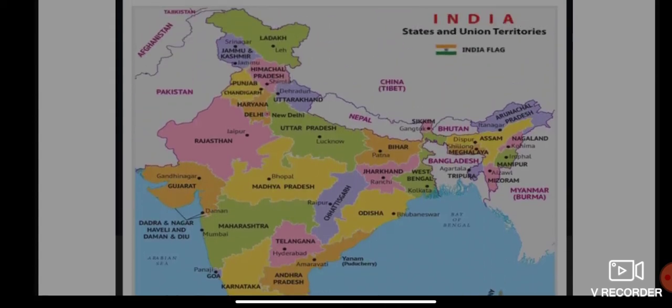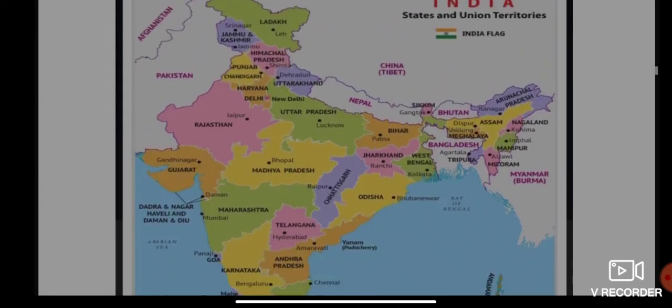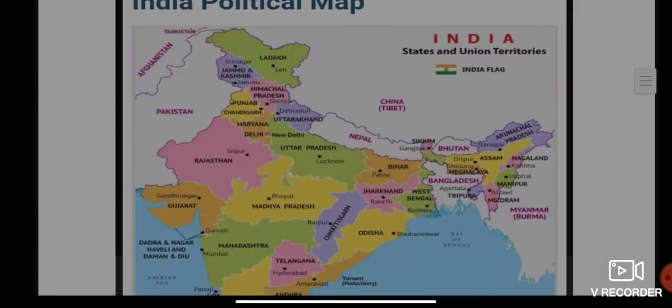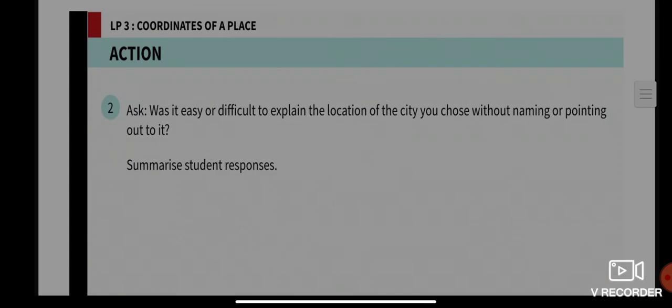I hope you are following. Was it easy or difficult to explain the location of the city you chose without naming or pointing out to it?